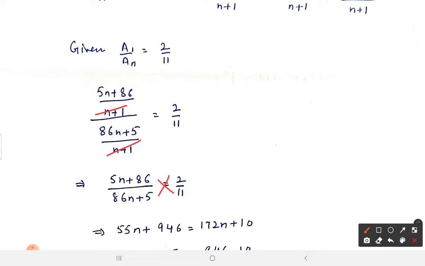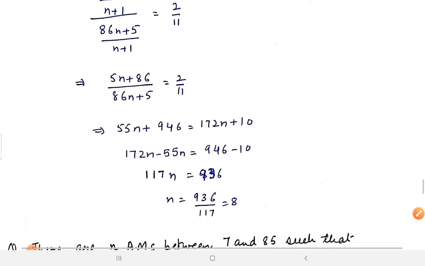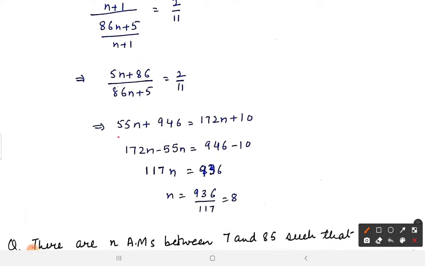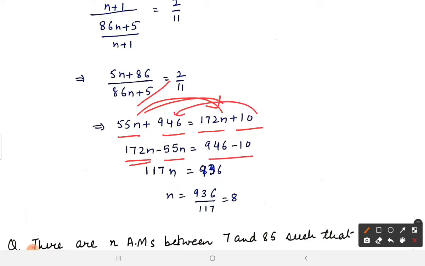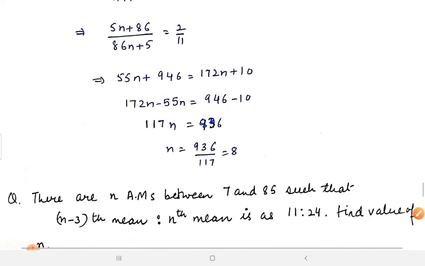Cross multiply: 11 with 5n plus 86 gives 55n plus 946, and multiplying with 2 gives 172n plus 10. Take 55n to this side, so it is 172 minus 55, and take n here. So it is 946 minus 10, which is 936, upon 117. So n is 8. Clear?